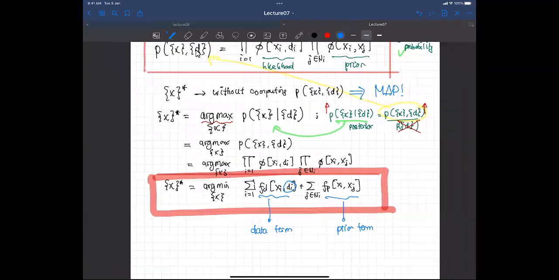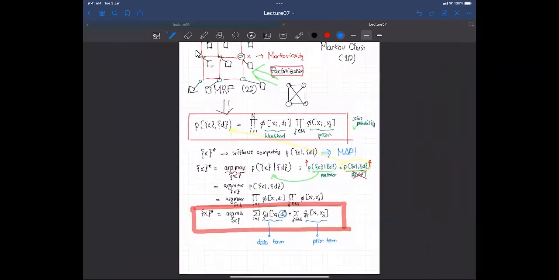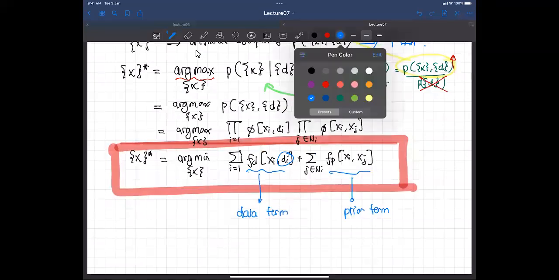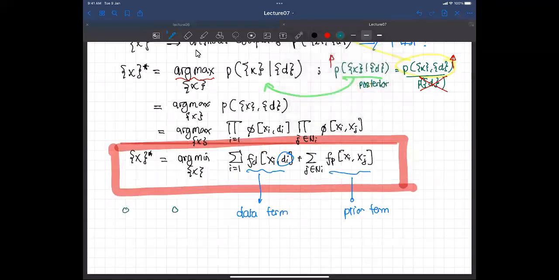Okay, so this is what we discussed last week, right? Now, based on this equation, we can have a graph. If it is a simplified graph, for example, only consider a 2 by 2 graph, we have x1, x2, x3, x4. Oh, sorry, the d has to be there.